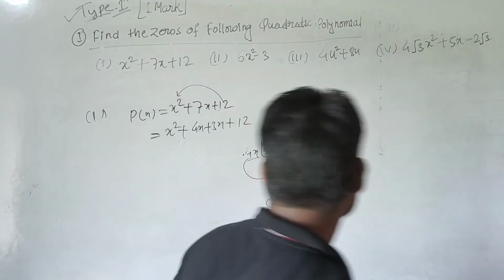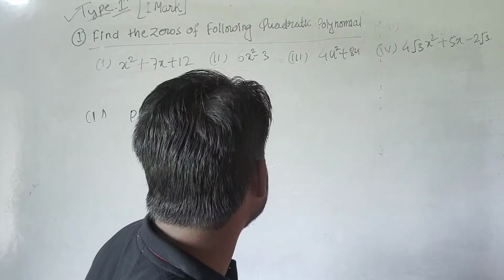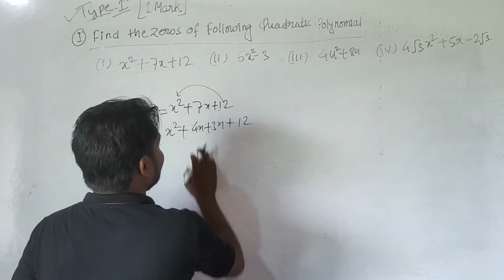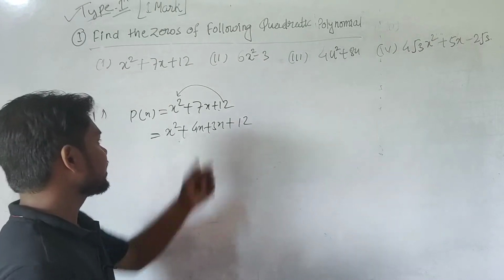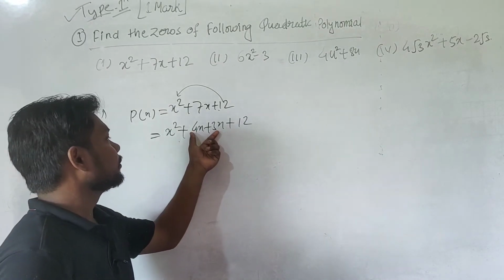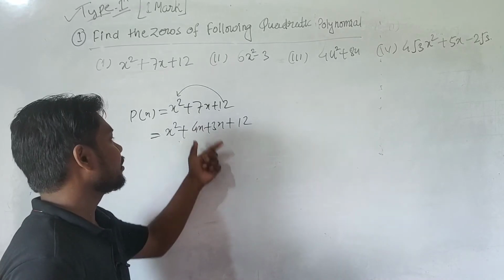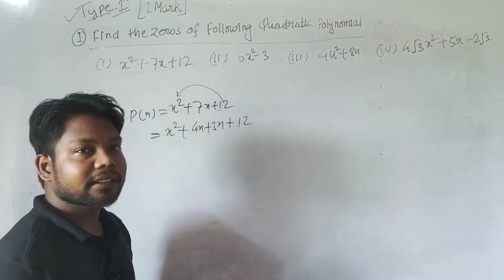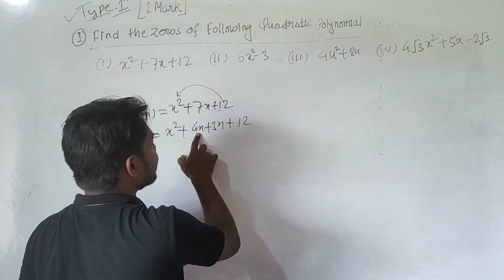Now you must remember, between 4x and 3x, the term which is numerically greater, that is number wise, should be placed first.